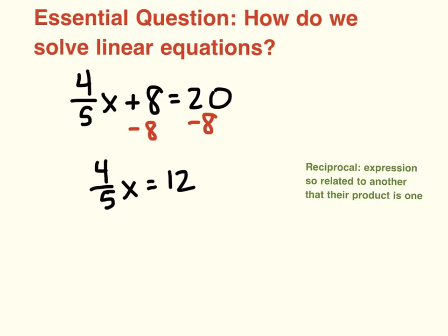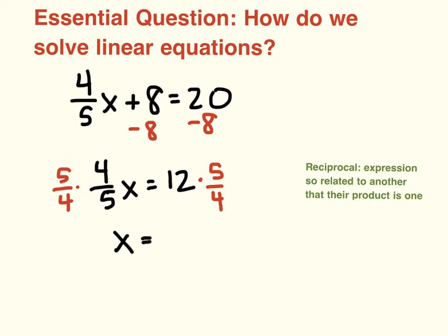A reciprocal is just an expression related to another so that their product is 1. So what I mean by that is 4/5 times 5/4 is 1, because the 5 divides the 5 and the 4 divides the 4. So I'm going to multiply both sides by 5/4.